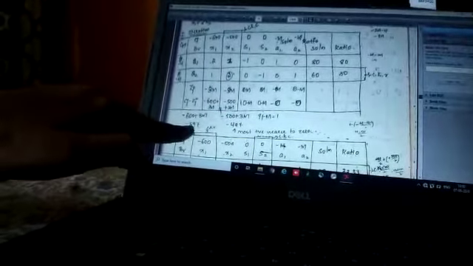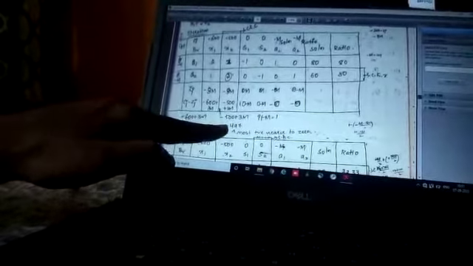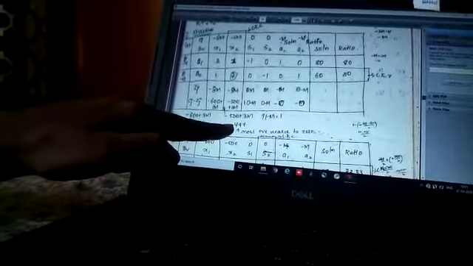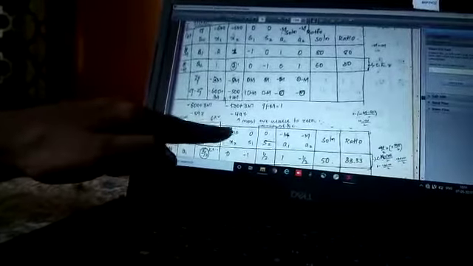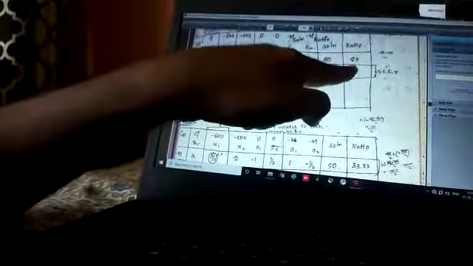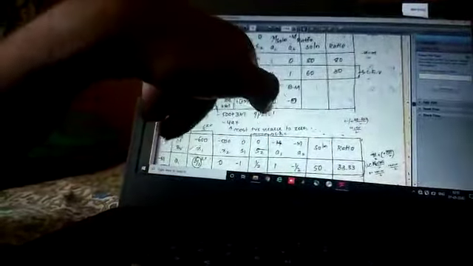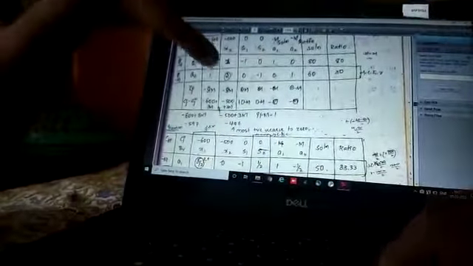Either minus 597 or minus 497 is nearer to 0, so you are supposed to take minus 497. Then select this column. Once you select this column, go for calculating the ratio. 80 divided by 1 is 80, 60 divided by 2 is 30. Select the respective column and the row, and you will get 2 as the key element.